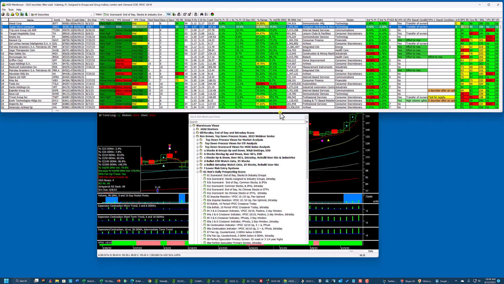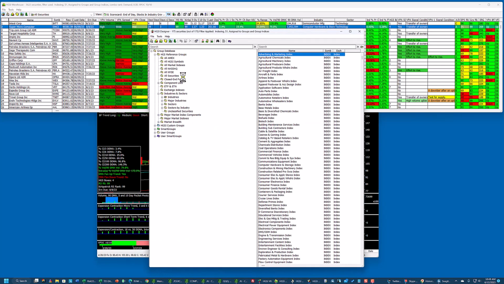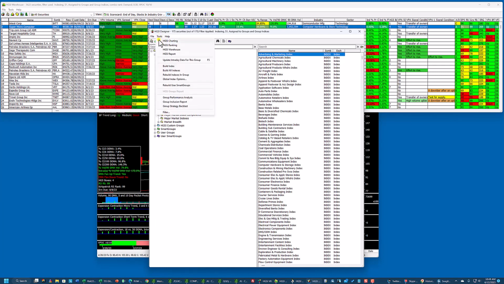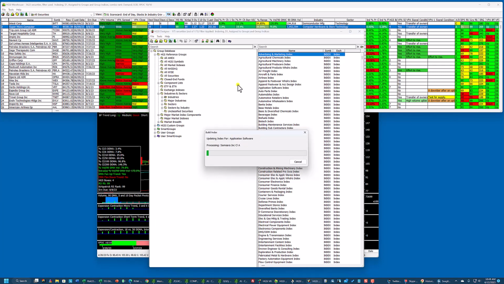Now I'm doing this, like I said, when the market's open. So let's just go in here to the designer, and I'm going to click on industries, and I'm going to rebuild these industries, and then I'm going to run the user smart groups.